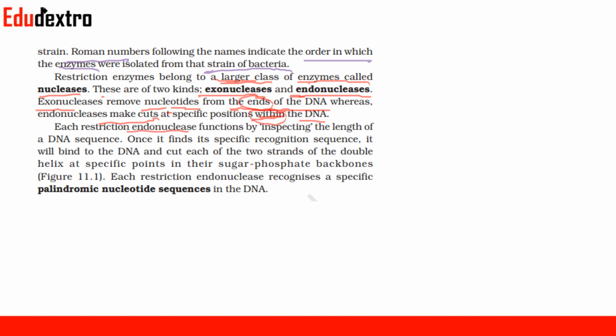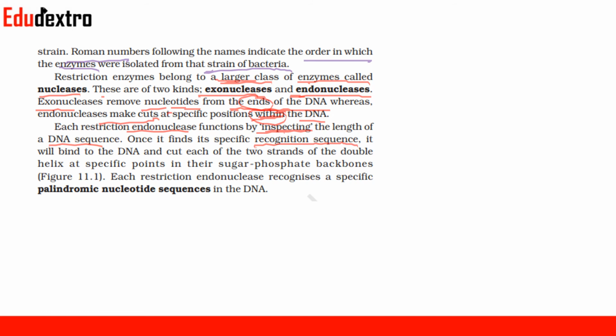Each restriction endonuclease functions by inspecting the length of a DNA sequence. As I showed you in the previous slide, it acts at a specific recognition sequence, so it first has to inspect. If you want to find the culprit, you have to inspect the big line of culprits.